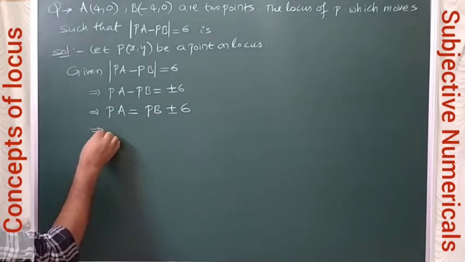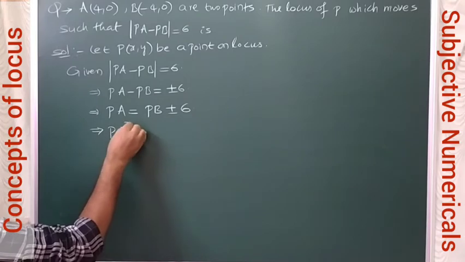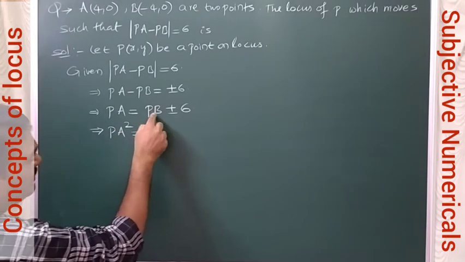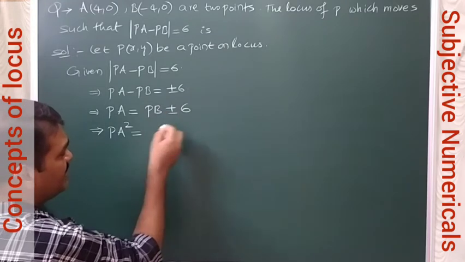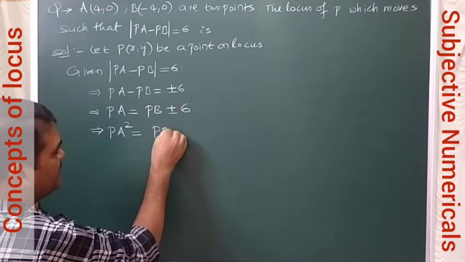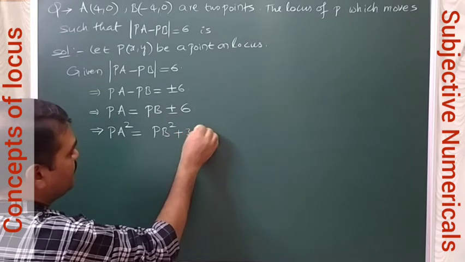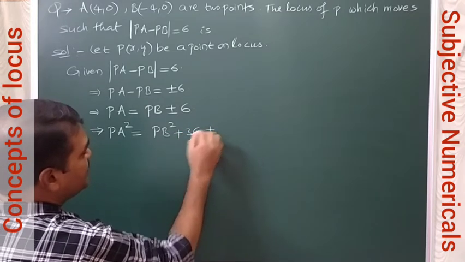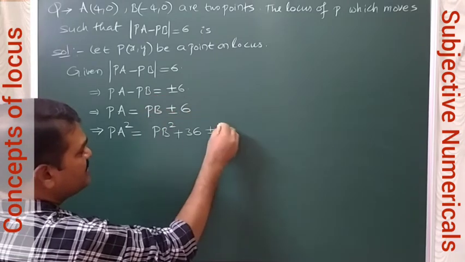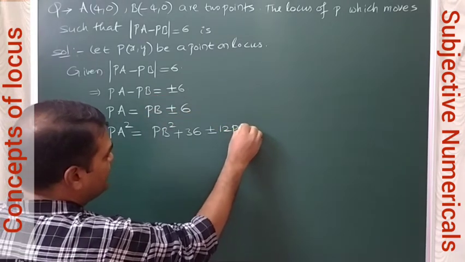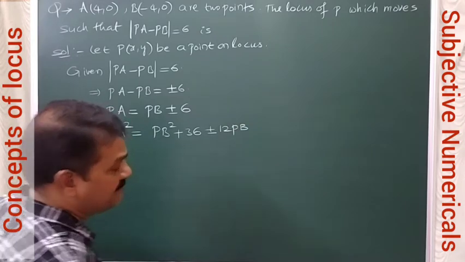So when you do squaring on both sides, PA square is equal to (PB plus or minus 6) whole square. So that means PB square plus 36 plus or minus 2 into PB into 6, so plus or minus 12 into PB we will get.